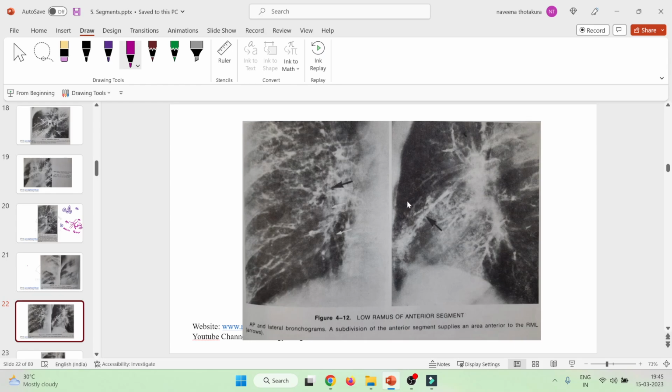But sometimes it extends into the lower area and can supply the area anterior to the right middle lobe. So that means it is an extension. Normally the anterior segment upper limit will be up to the upper lobe, but sometimes it crosses the upper lobe and starts lying in front of the middle lobe also, like this. So this is one more thing which you should remember.